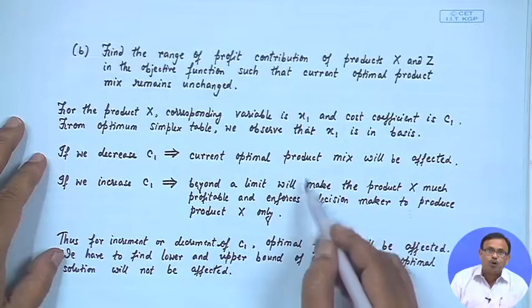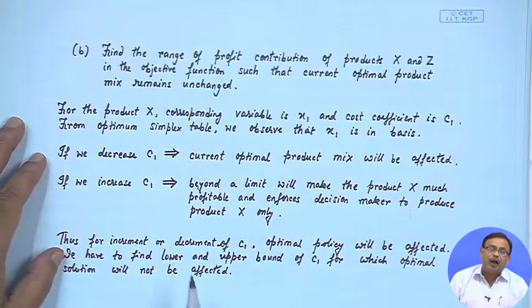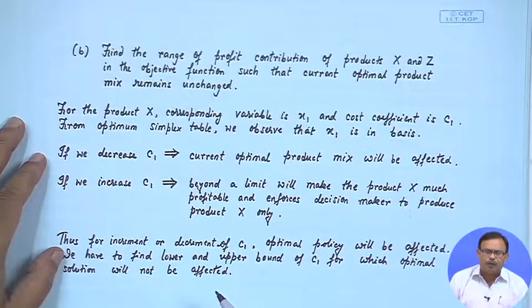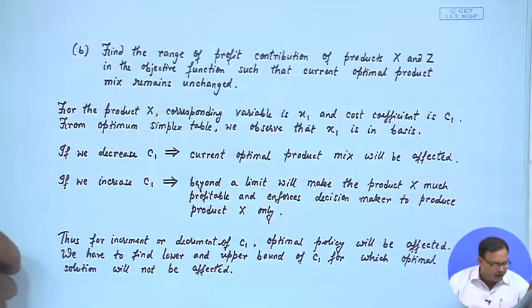So, by these two, what we are showing is that whether I increase or decrease the value of C1, optimal policy will be affected. So, for what range of C1 optimal policy will not be affected, that we will calculate now.